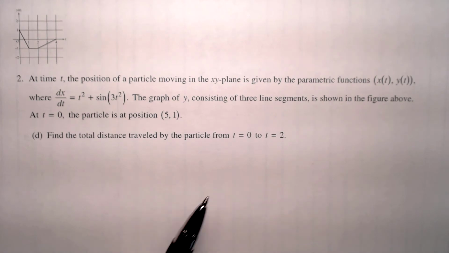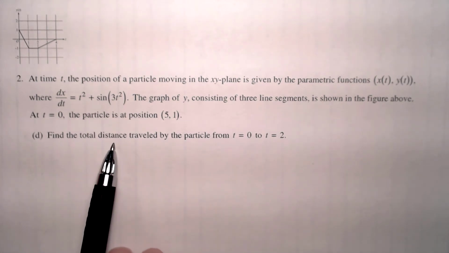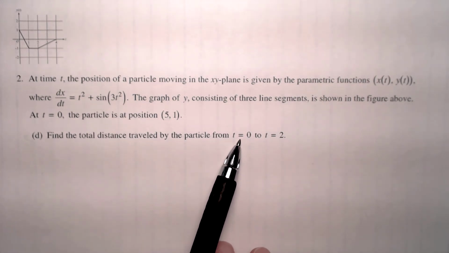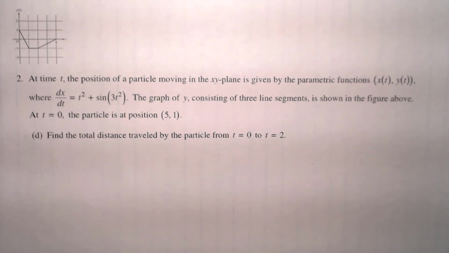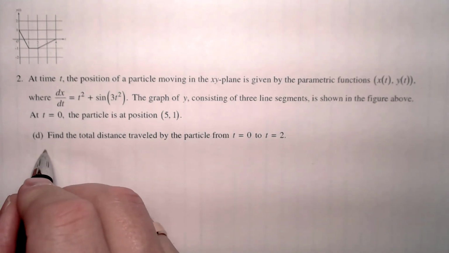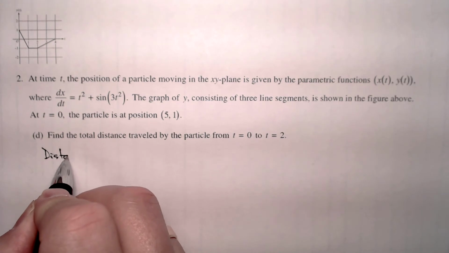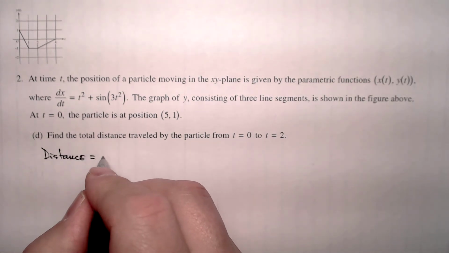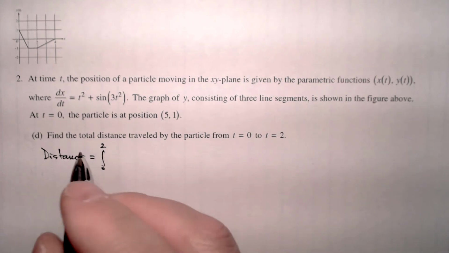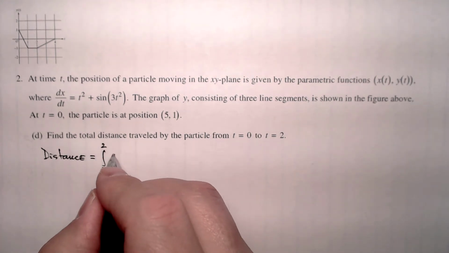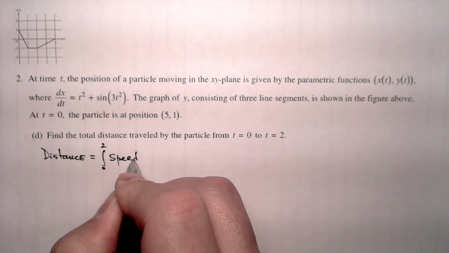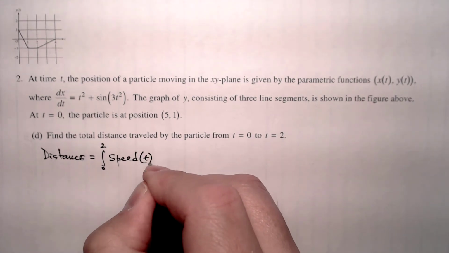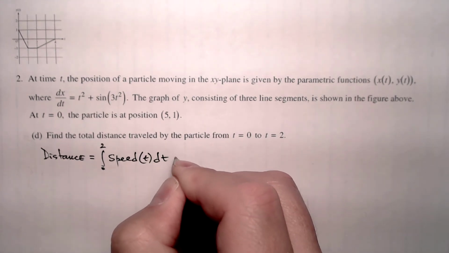In this question, we are being asked to find the total distance traveled by the particle from time t equals 0 to time t equals 2. And so total distance is equal to the integral from 0 to 2 of the speed as a function of t dt.